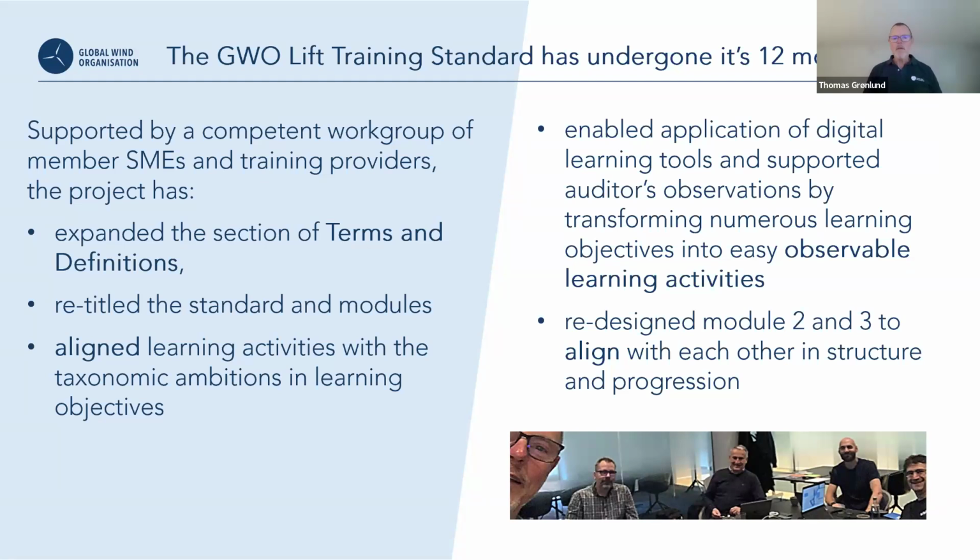What we did, headline-wise, to the standard was that we expanded the sections of terms and definitions. In the beginning of the standard, for all our standards, we have a list of terms that we use in the standard that are defined, so that you should know what we actually mean when we say track, hoist, something.